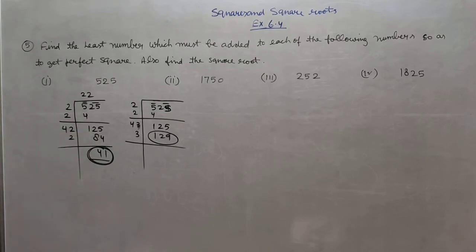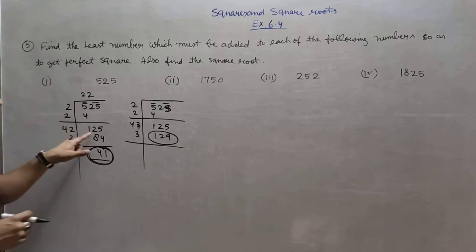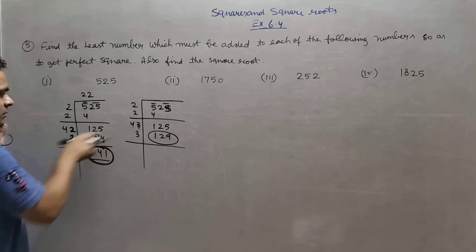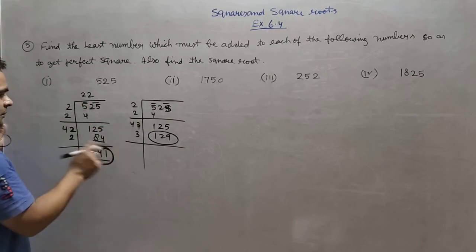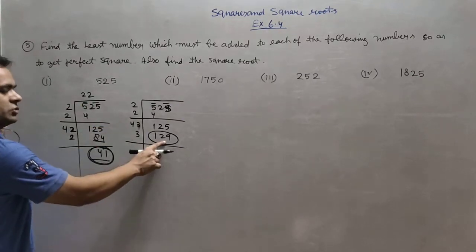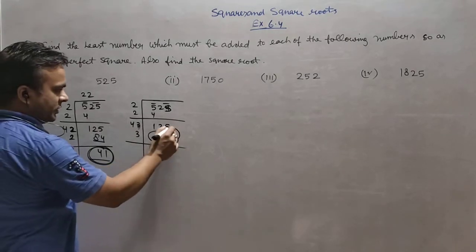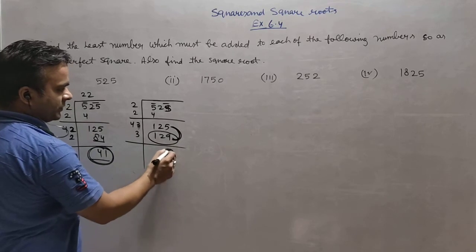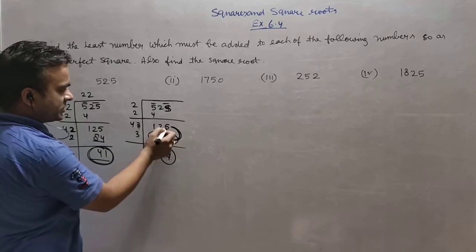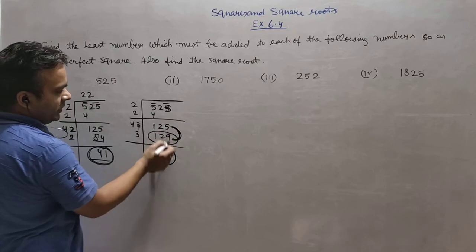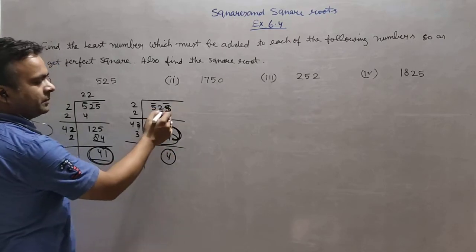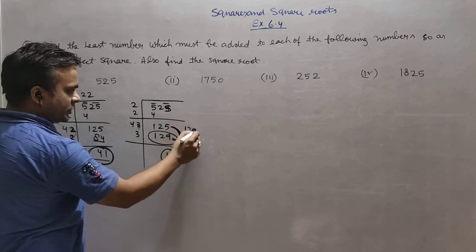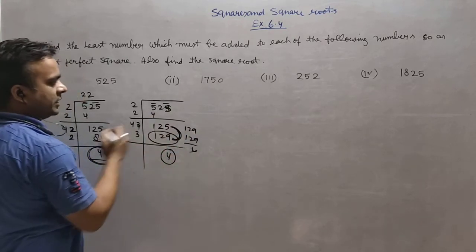Are you getting my point? Because for 2 we are getting 84. 84 is less than this. We want more. If I put here 3, then I have reached 129. So what is the difference between this one and this one? 4 extra. If we add 4 extra to this 125, it will reach 129, and 129 is a perfect square.